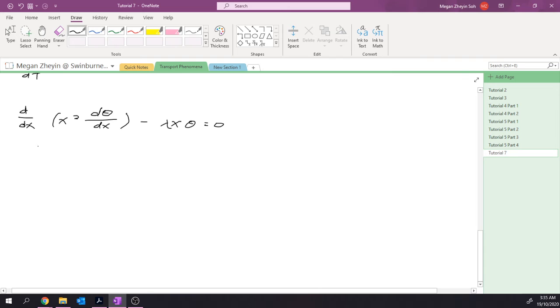So we can simplify this. This one can be taken out. So this one becomes x squared d squared theta over dx squared plus 2x d theta dx.